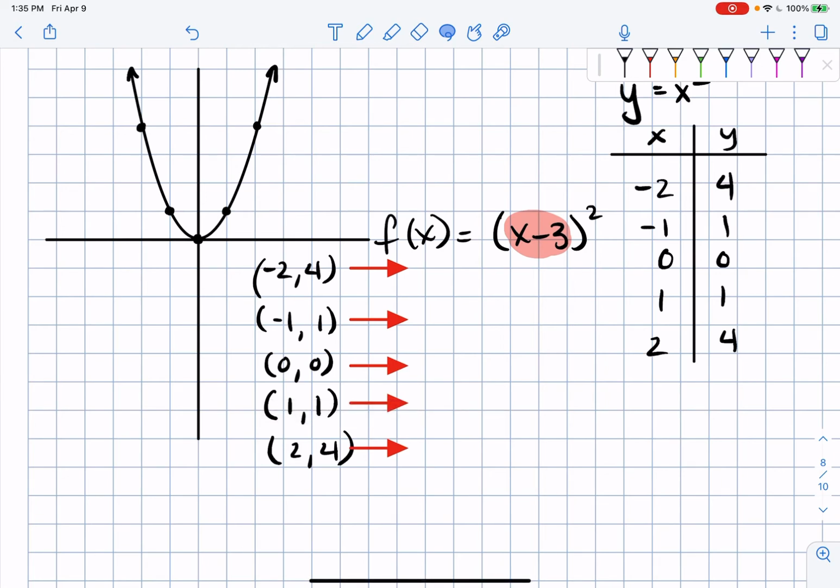Okay, so since it's affecting the x value, that means my y does not change.